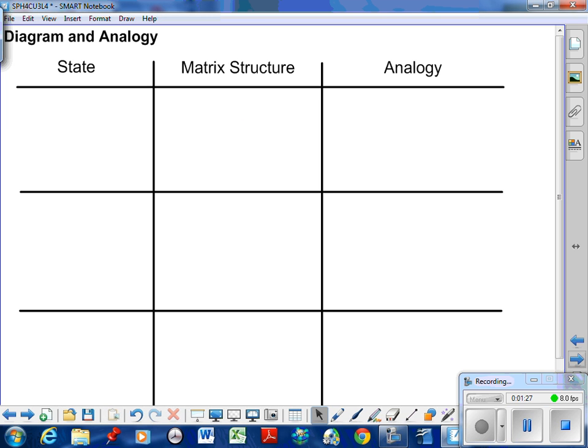So in this diagram, I'm just going to fill in something to allow you to visualize what we're talking about. Our three states of matter are solid, liquid, and gas. And what do each of these look like? Well, we know solid is a very rigid structure. So I'm going to make a cube.